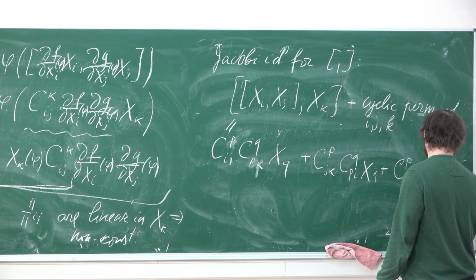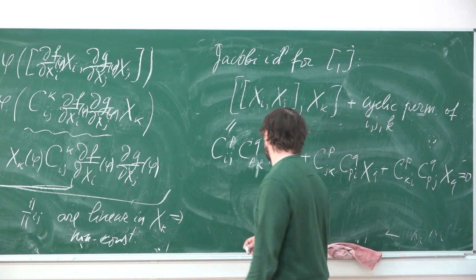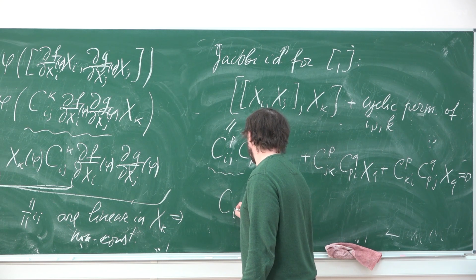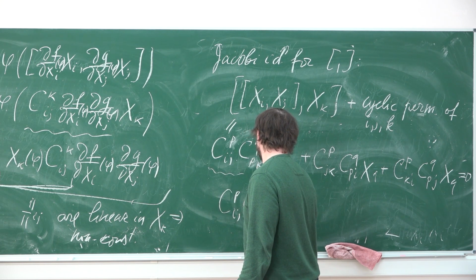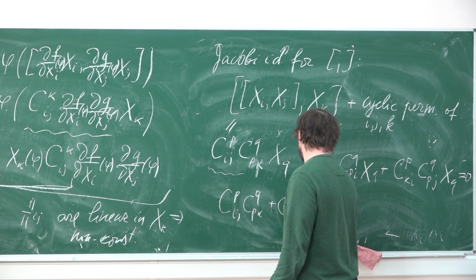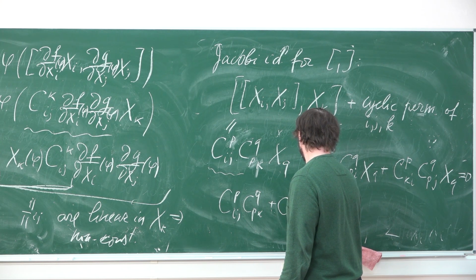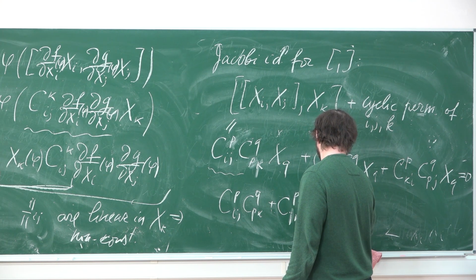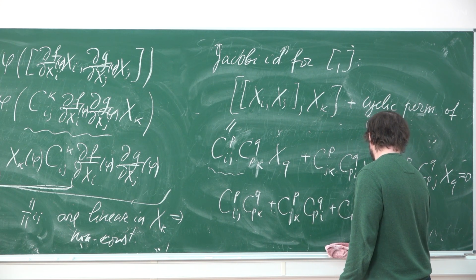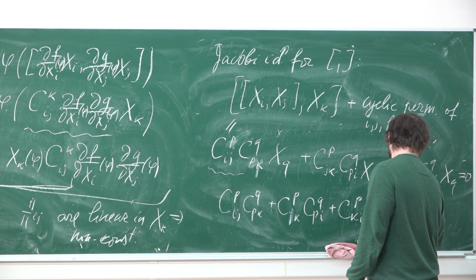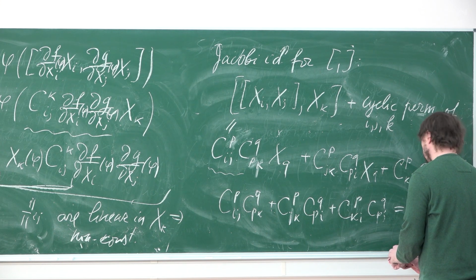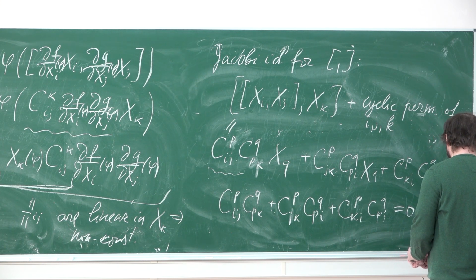And it should be equal to 0, and that means that the sum C^{ij}_p C^{pk}_q plus C^{jk}_p C^{pi}_q plus C^{ki}_p C^{pj}_q is equal to 0 for all i, j, k, and q.